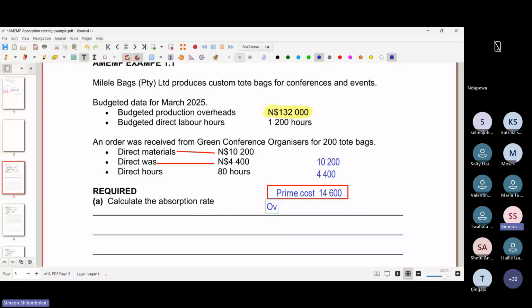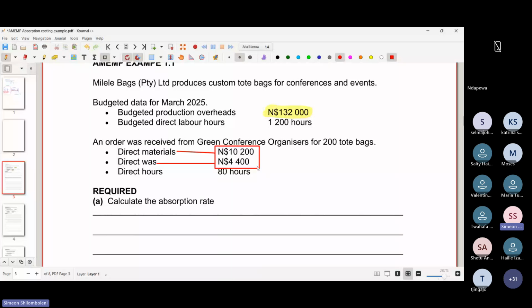Overhead absorption is now where you are going to say, since this job is going to cost us 80 hours, I'm going to multiply this with the rate. This rate is what you are going to calculate. So I hope we understand the general idea behind it, that we are not going to concentrate only on the direct costs of producing these bags.